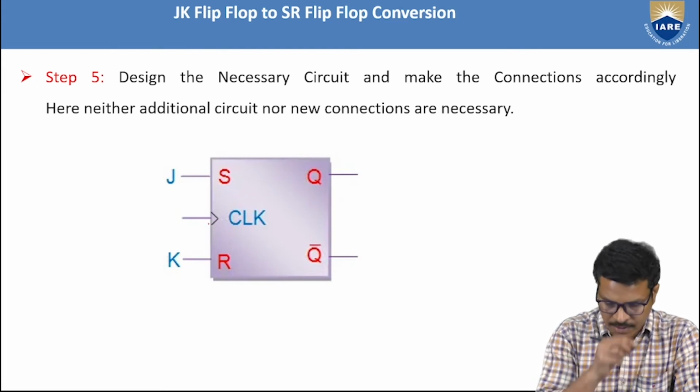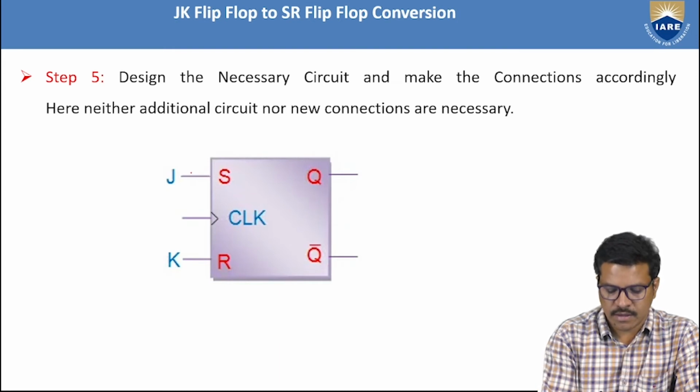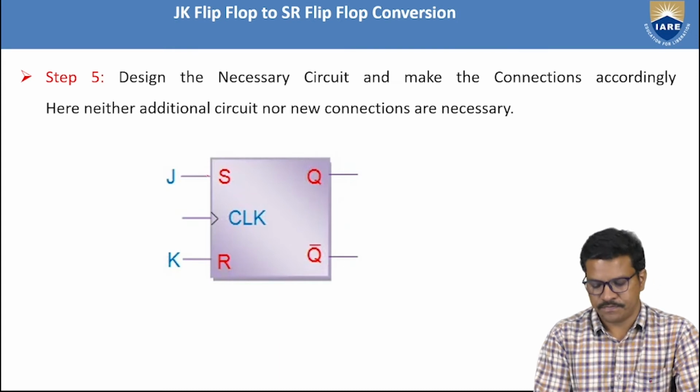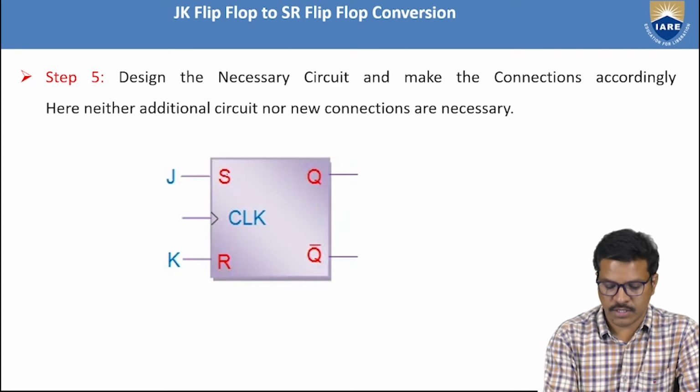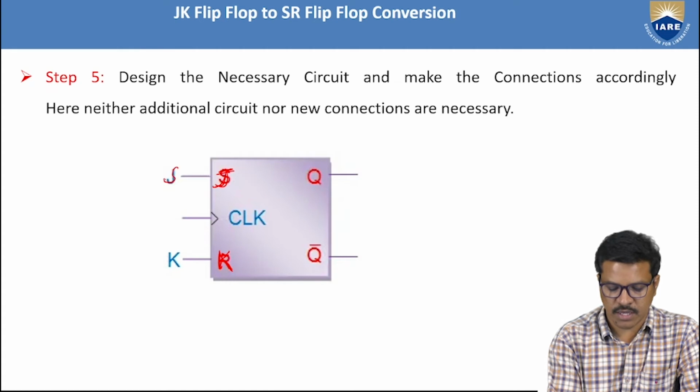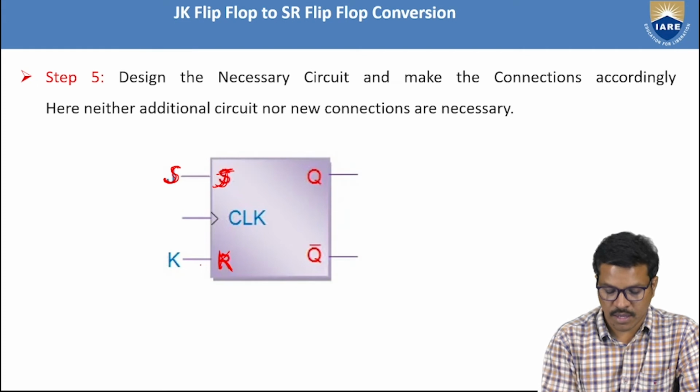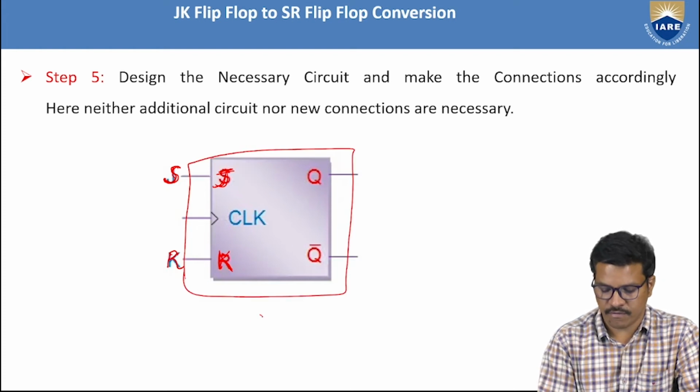We have S, J is equal to S. J and K: the J value is connected with the S terminal, and the K value is connected with the R terminal, so that your converted flip-flop is an SR flip-flop.